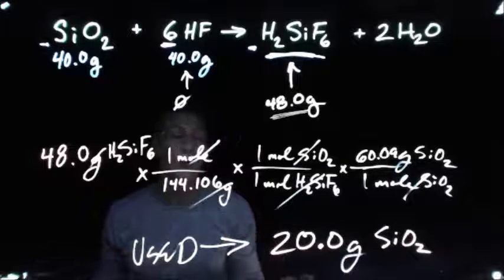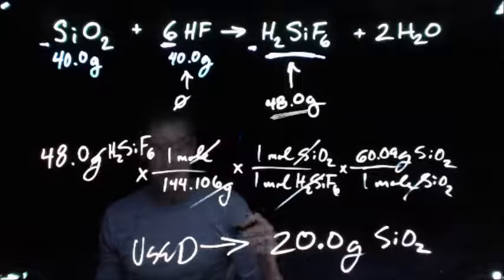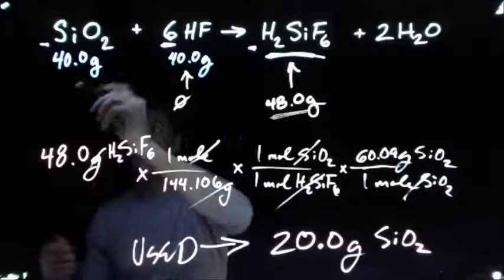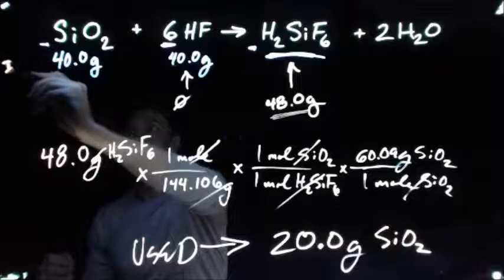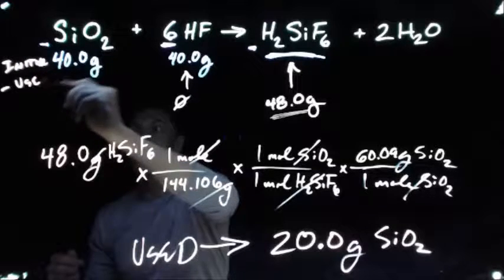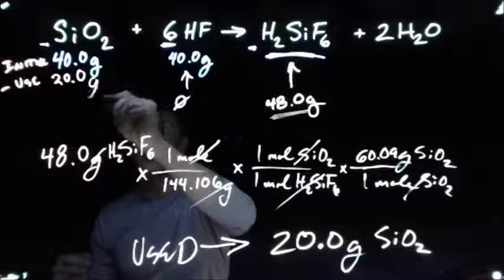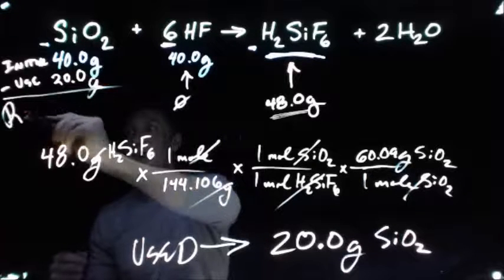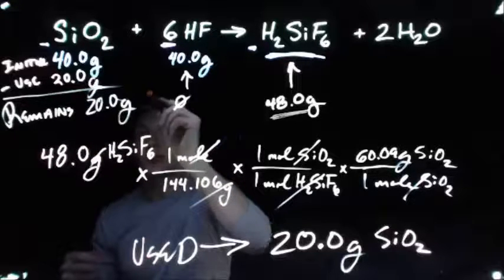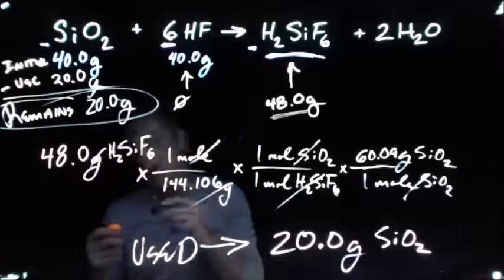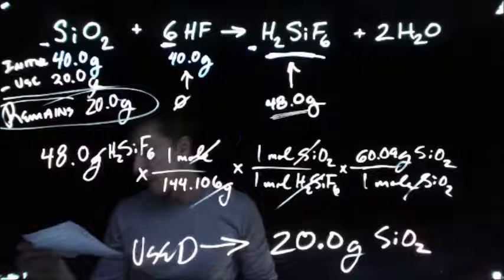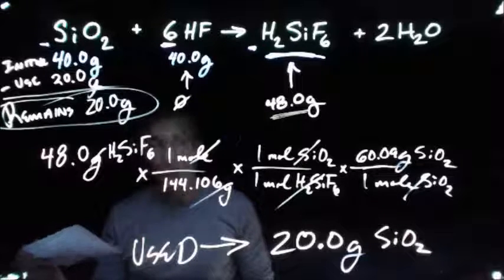We're going to use up 20.0, and if I want to know how much remains at the very end, it would be my original 40, so that was my initial amount, minus the amount that I use, which is 20.0 grams. And so at the end, remaining would be 20.0 grams. So that would be our answer to part B of this question. 20.0 grams of SiO2 remain after the reaction has reached completion.